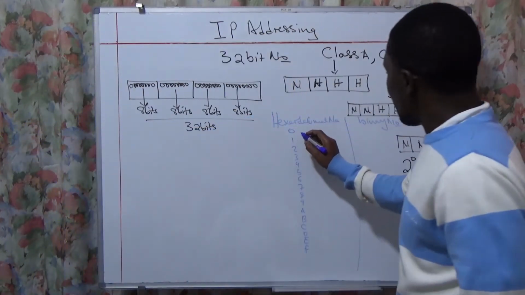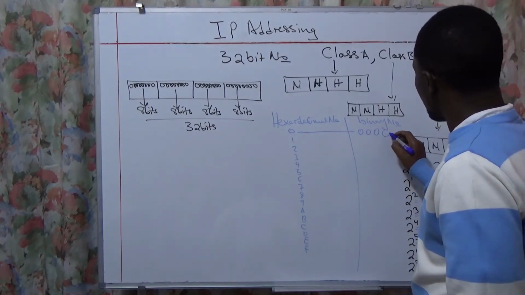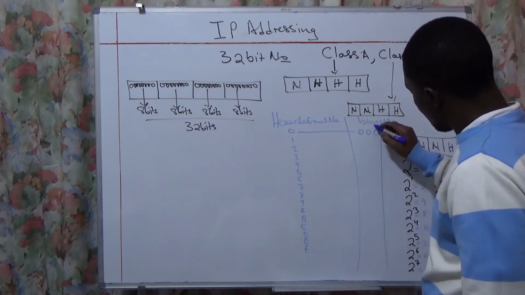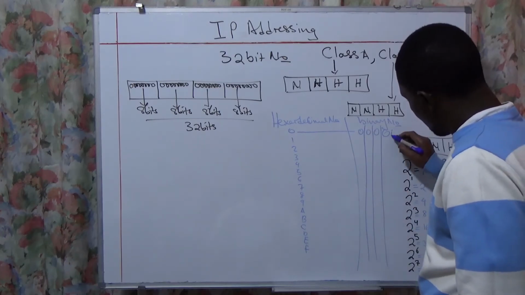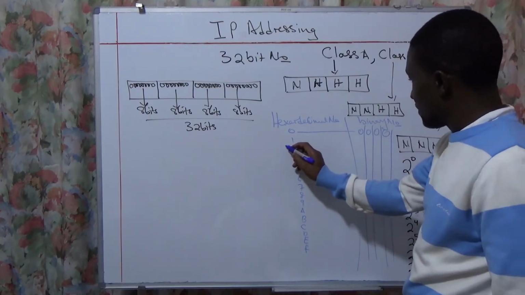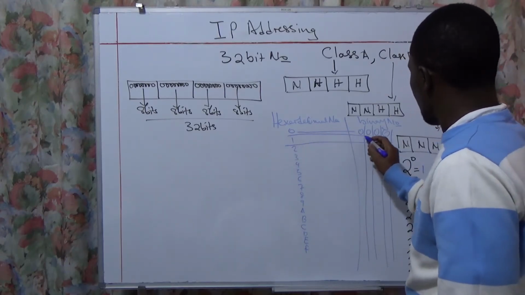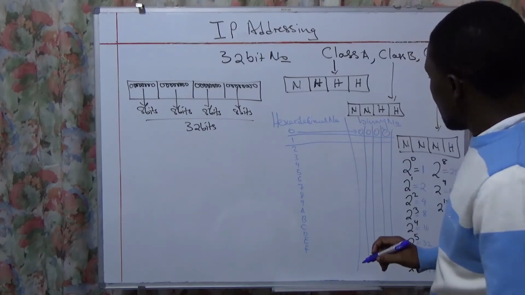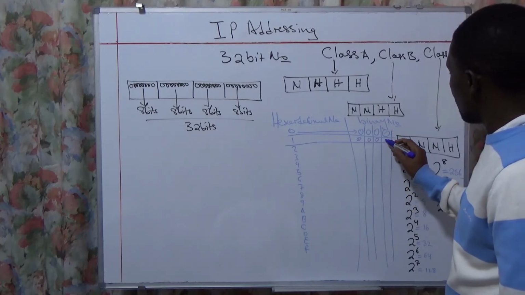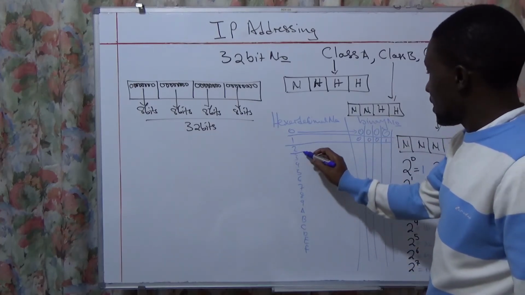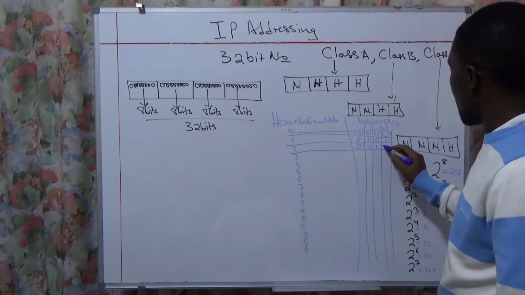So, if you are to convert 0 into binary, it will be 0, 0, 0, 0. And 1 into binary will be 0, 0, 0, 1. And then 2 into binary will be 0, 0, 1, 0.